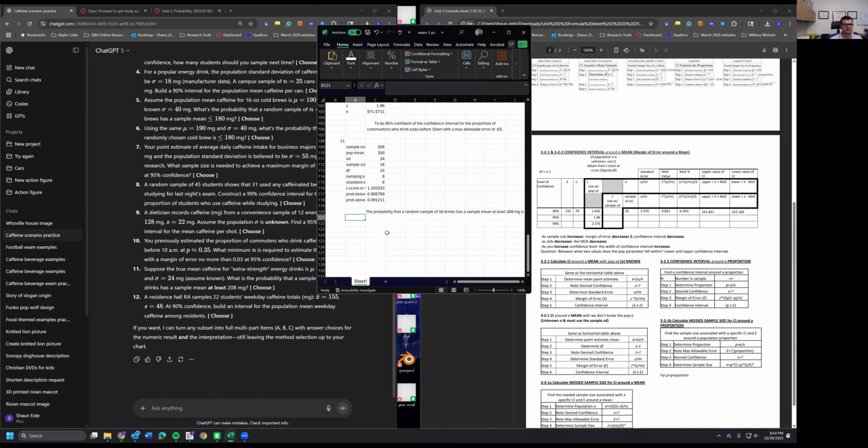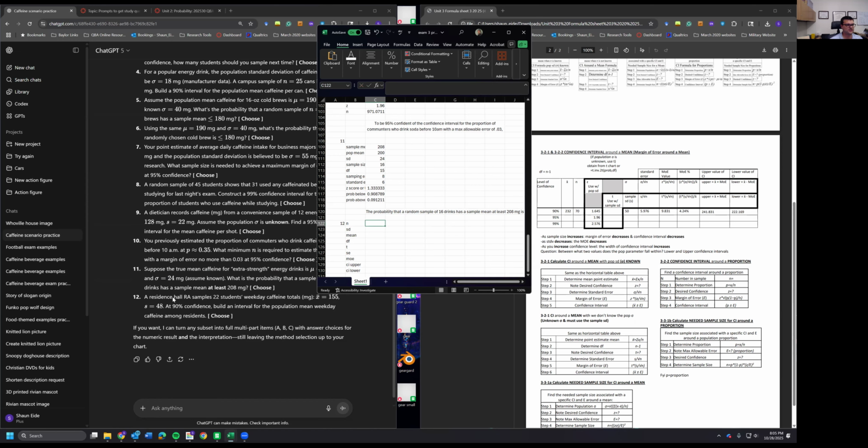So number 12: mean, degrees of freedom, t-score, standard error, margin of error, CI upper, CI lower. And then I'm also going to add sample size and standard deviation.